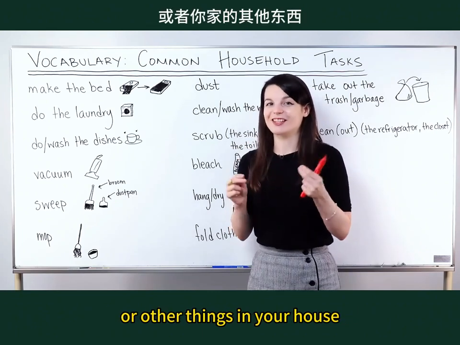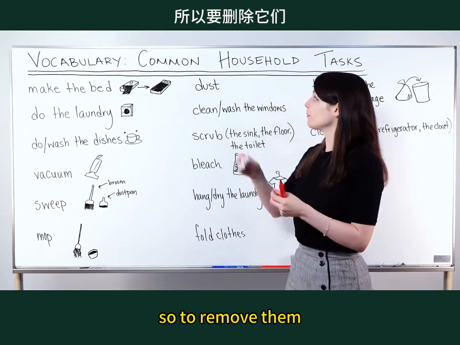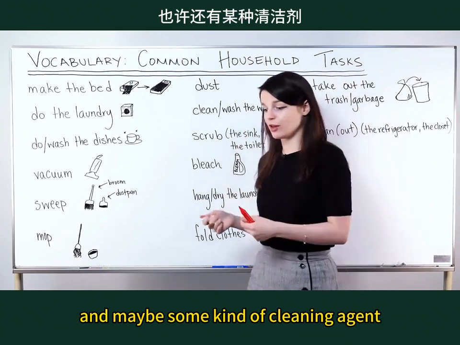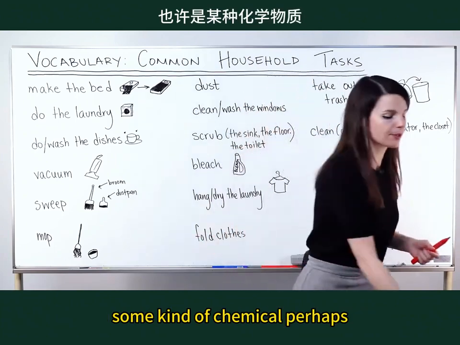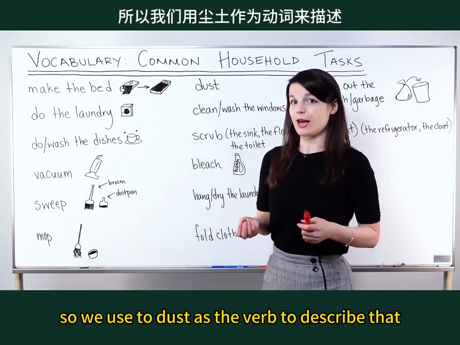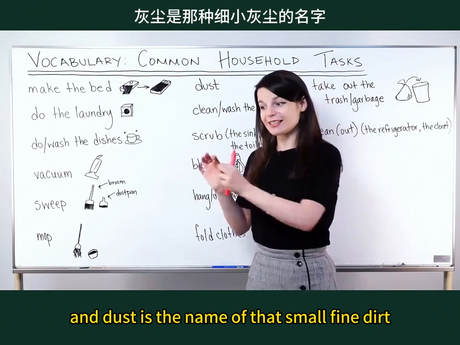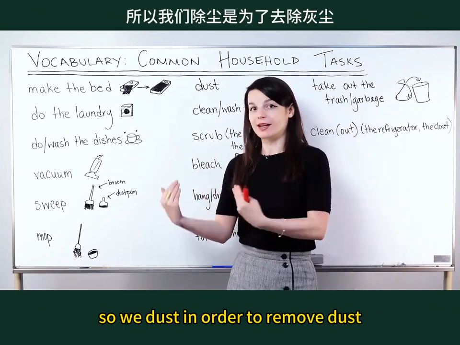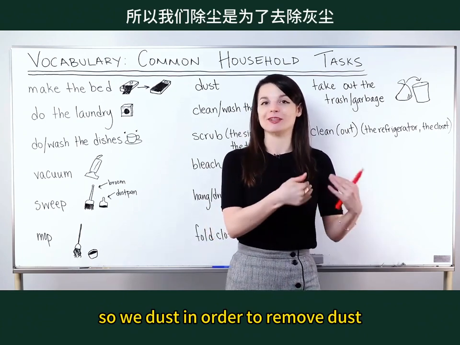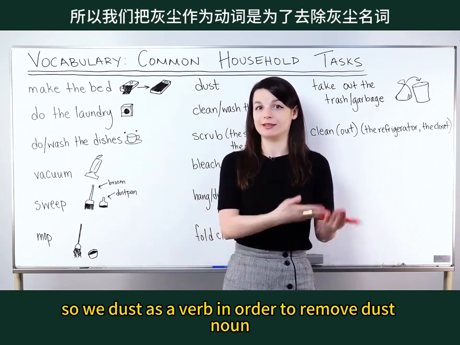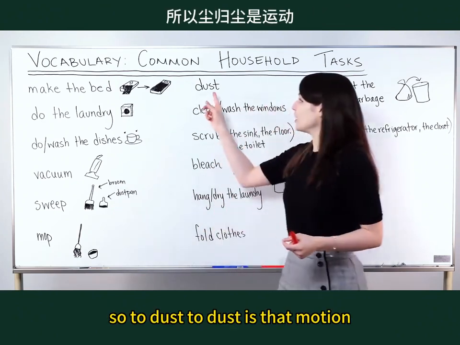So to remove them, we use cloth in this motion and maybe some kind of cleaning agent, some kind of chemical perhaps. So we use to dust as the verb to describe that. And dust is the name of that small, fine dirt. So we dust in order to remove dust. So we dust as a verb in order to remove dust, noun. So to dust is that motion.